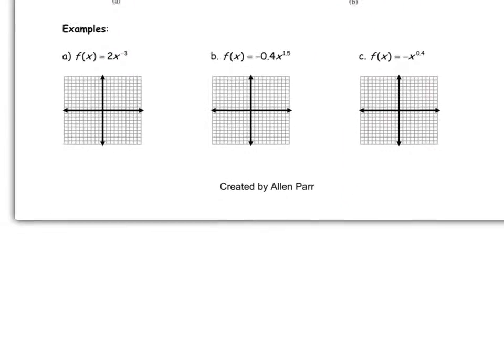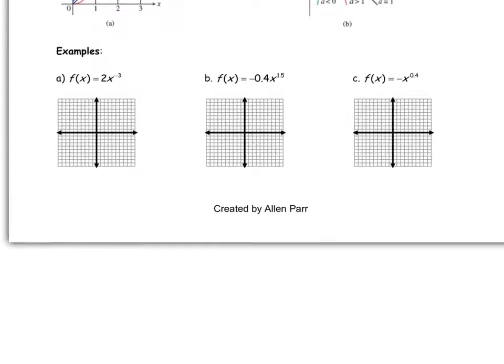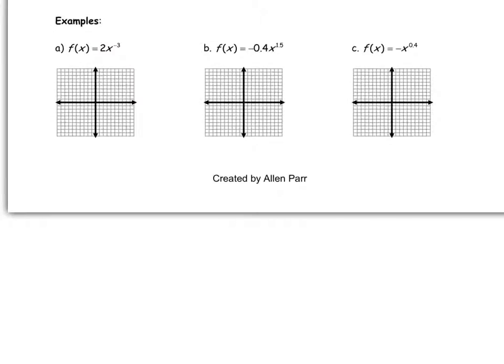So the first example they have is f of x equals 2x to the negative third power. The first step is I'm going to decide which one this looks like. I'm not given very much room to graph, so be patient with me.